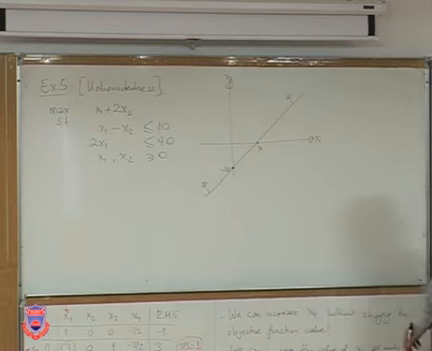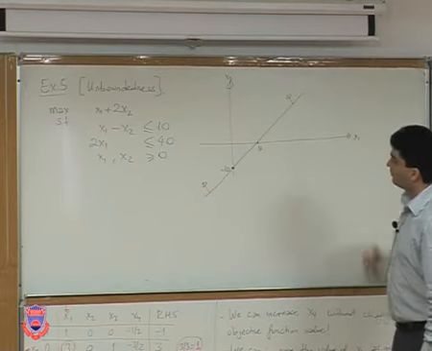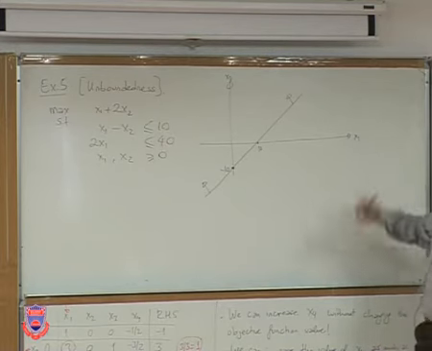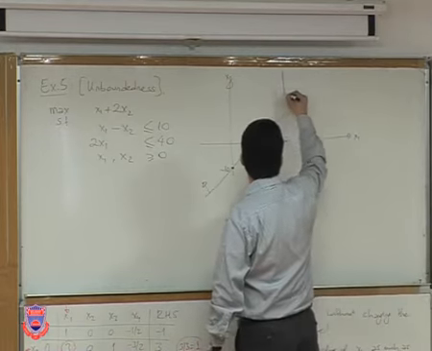Now, what does the second constraint look like? 2x1 is equal to 40, right? First, I'm going to look at the equation version, which means that x1 is equal to 20. What does that line look like? It's going to be a vertical line, basically, right? And 20 is somewhere over here.